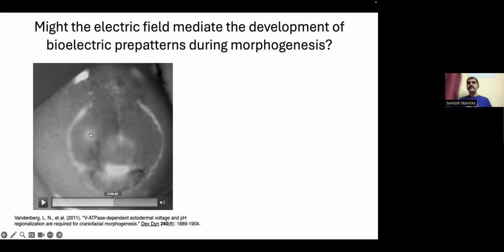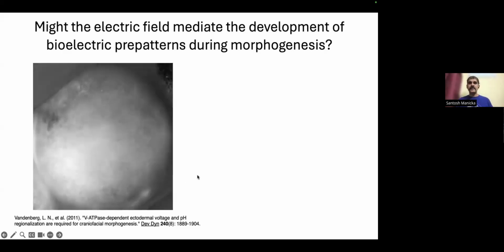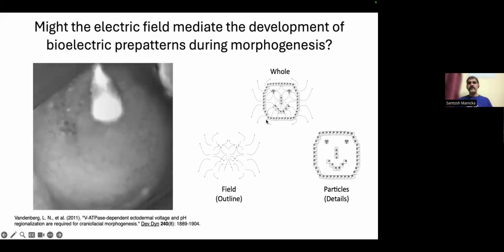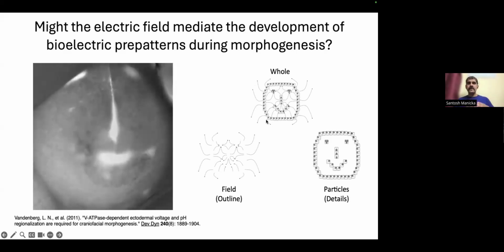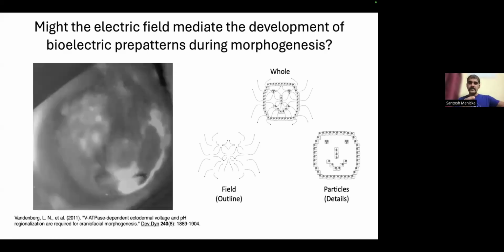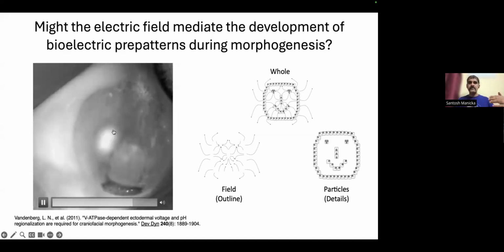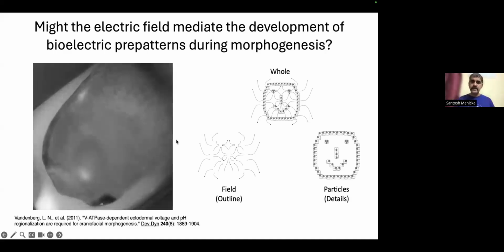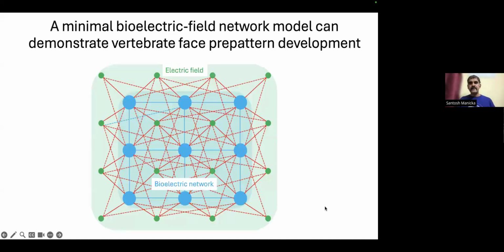It is possible that we didn't keep track of other diffusing molecules, but it is also possible that something like the electric field is at work. And the electric field, by virtue of its long range interactions, may be enabling this sort of non-diffusive pattern formation. So that was the idea that motivated this particular work.